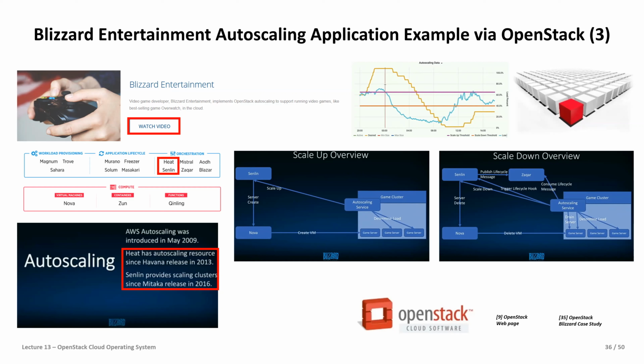How this really works in the Zenlin and Heat setup is shown in some of these graphics here, where you have Zenlin creating a service if needed based on the Nova compute services. They, of course, create the VM that we need in order to create a bigger, bolder game cluster. And then the autoscaling service will monitor if you have to scale up, or, as you see here, if you have to scale down.